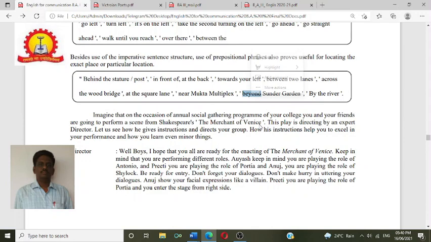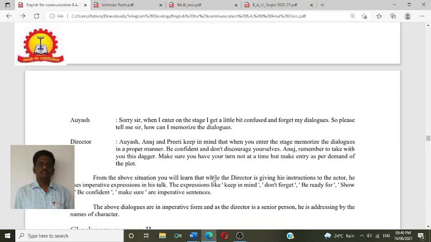Anju, you are playing the role of Shylock. Be ready for entry. Don't forget your dialogues. Don't make hurry in uttering your dialogues. Anju, show your facial expressions like a villain. Preeti, you are playing the role of Portia and you enter the stage from right side.